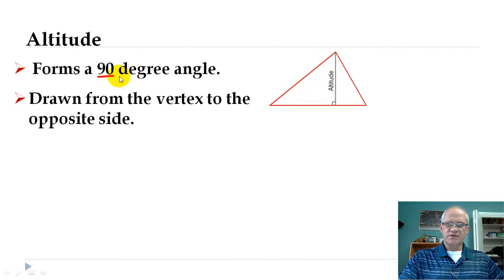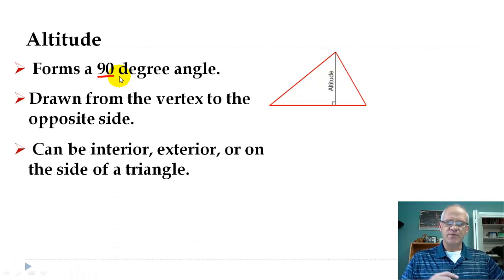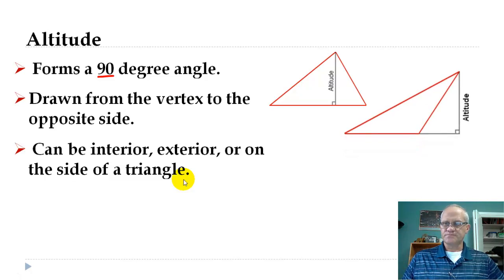Now, the other thing is, with altitude, the altitude could be inside, like this one, which is how we normally think of it, interior, but it could also be exterior or right on the side of a triangle. So it could look like this. Notice the red triangle here, and notice the altitude has to go to the vertex, so straight down at 90 degrees puts the altitude outside of that triangle, so it has to be out here.